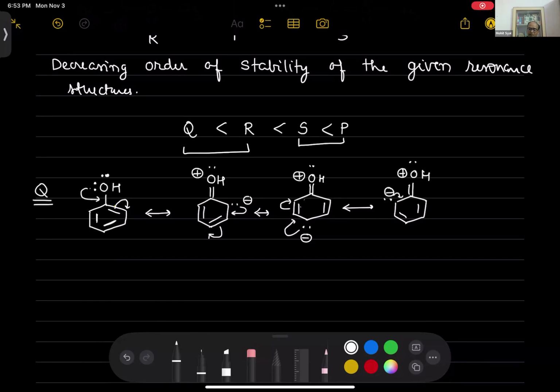Resonance. Yes, this is the resonance. So this is the group which will exert plus R or mesomeric effect, plus M effect, one and the same. It's giving its electrons through resonance to the pi bond because it carries a lone pair, which can be shared with the pi bonds. Nabila, is this clear or not? Yes, sir.